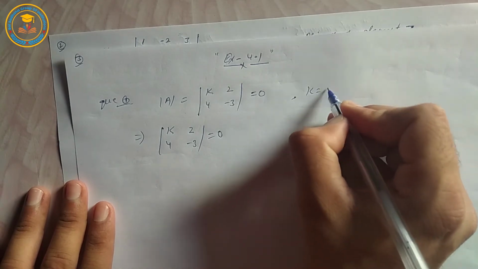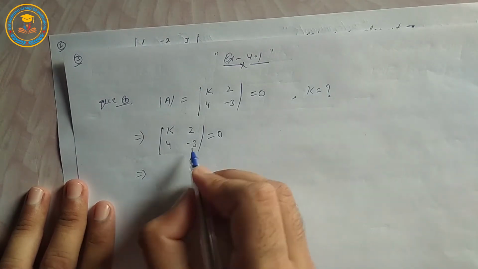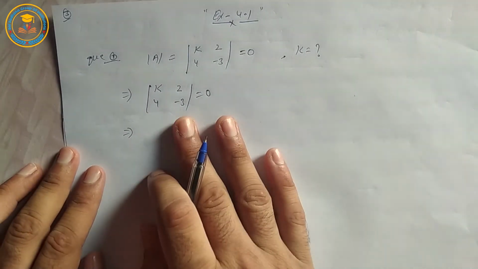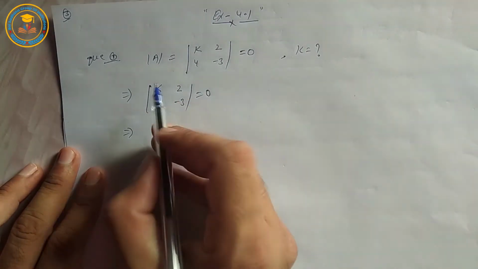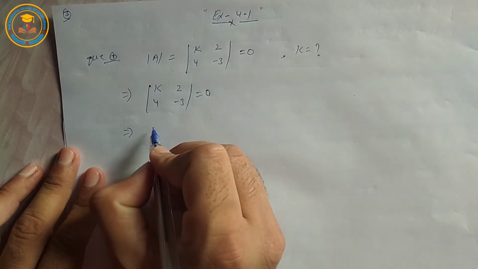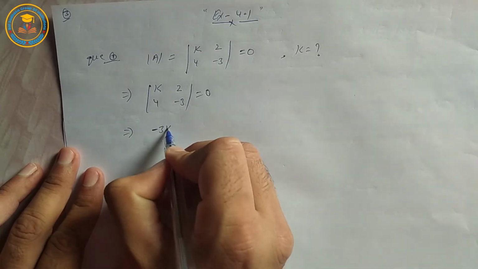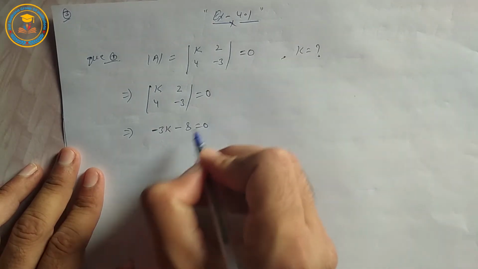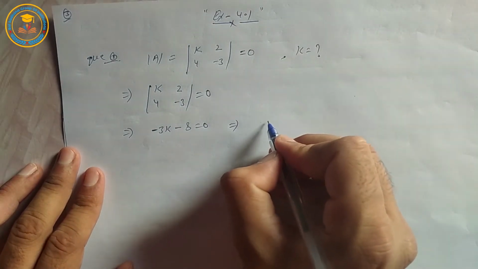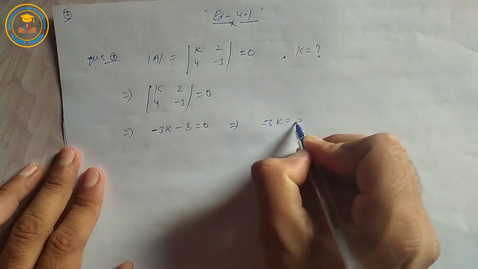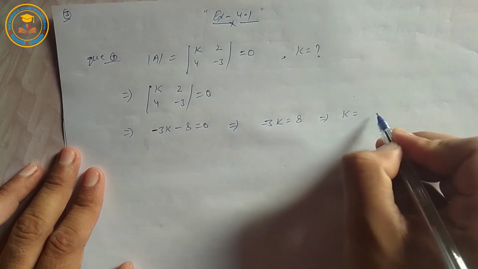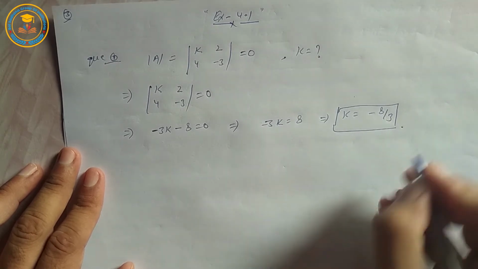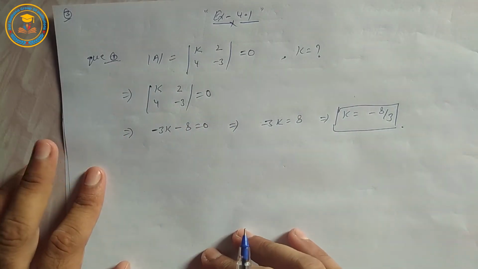Find the value of k. Order of determinant is 2 by 2. It means k times -3, -3k, minus 4 times 2, 8, is equal to 0, implies -3k is equal to 8, implies k is equal to -8 by 3. That is the answer of question number first.